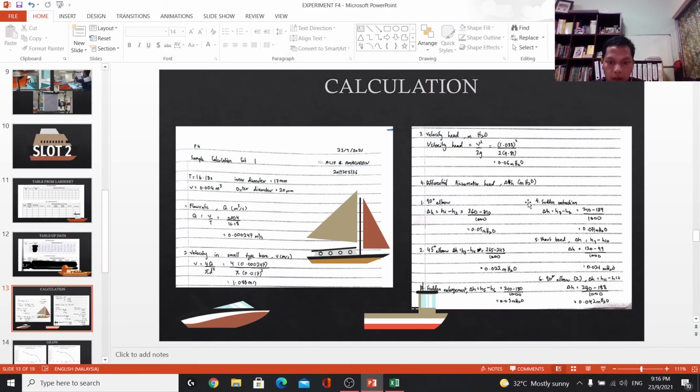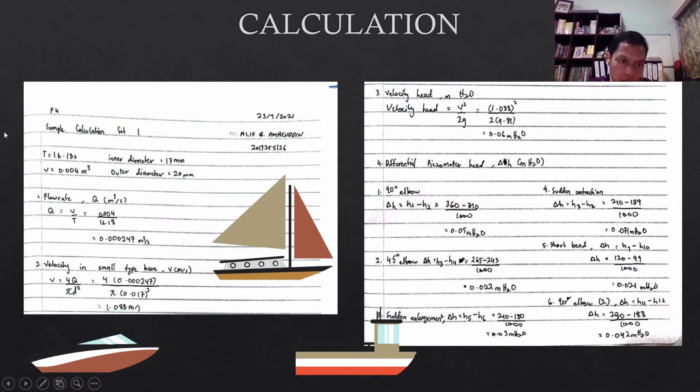Save. So we go back to my calculation here. If you can see, this is the flow rate. The time, volume, inner diameter, and outer diameter have been given, so we just put them inside the formula. This one is velocity in the small pipe.